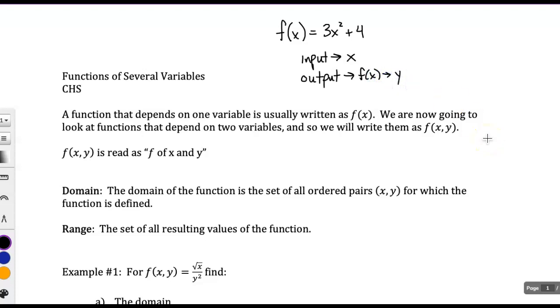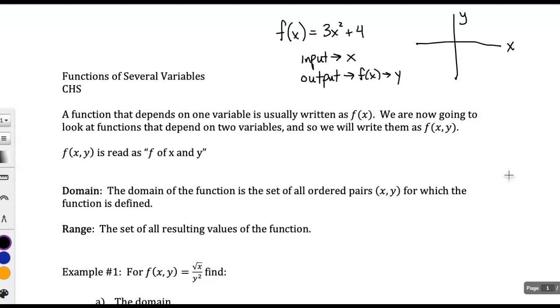So we would plug a number in and get a number out. One in, one out, two-dimensional, right? We had an x-axis and a y-axis, and that was it. So that's normally what we had.